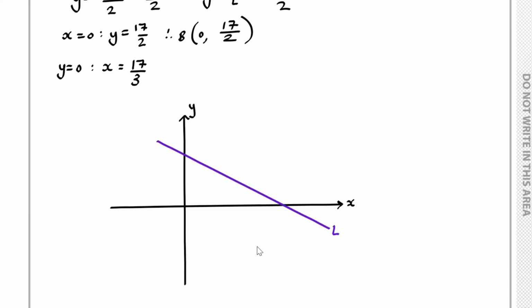So this is the line L, and it crosses here at the point 17 over 3, 0, and it crosses the point B over here, with coordinates 0, 17 over 2. Okay, so let's just call this point D over here.